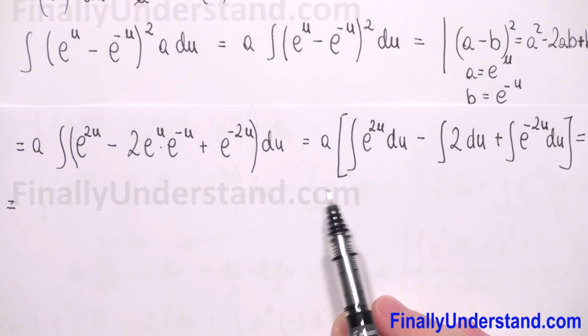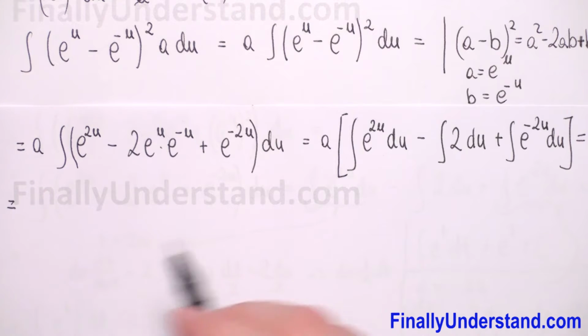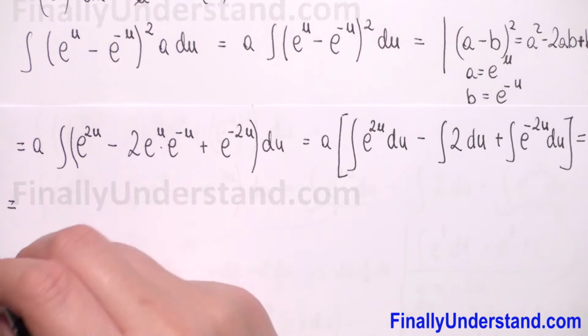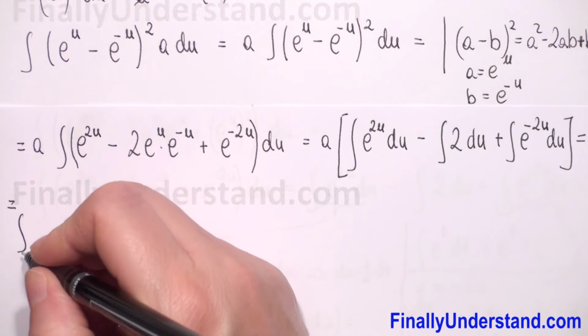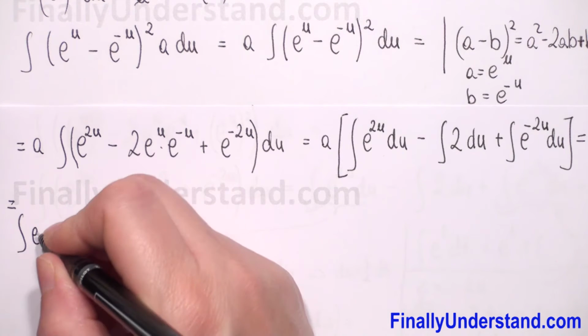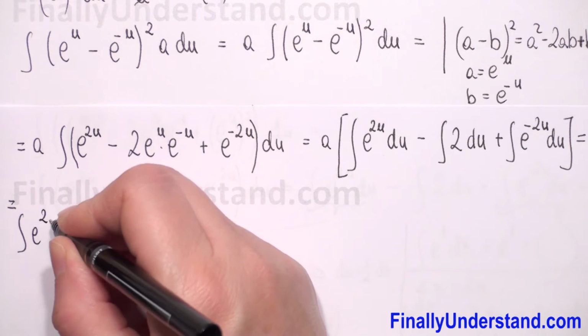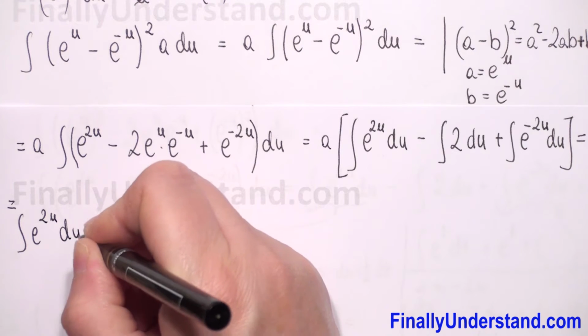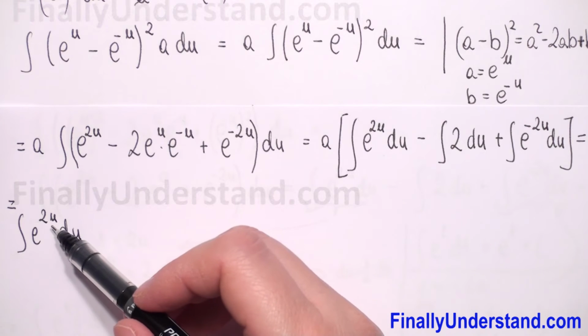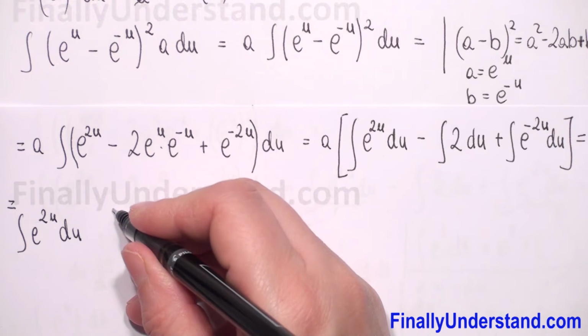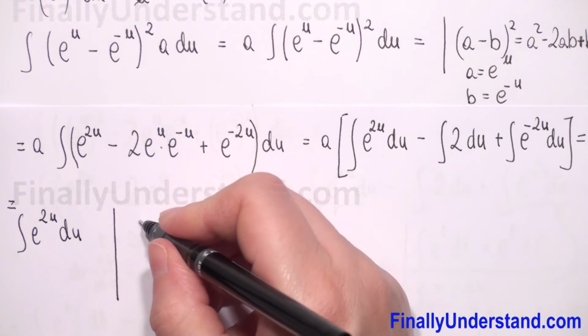Now I will solve the first integral. So let me write this here. We have the indefinite integral of e to the power 2u with respect to u. We will do a substitution again. Let me put this here.